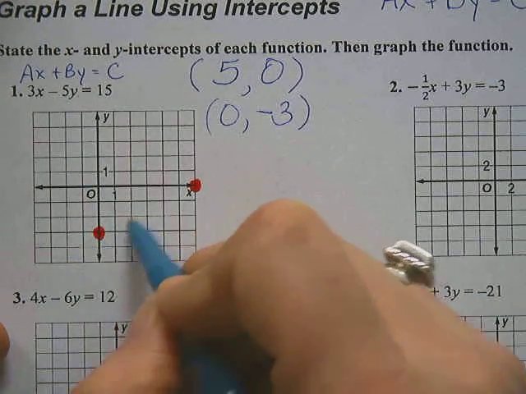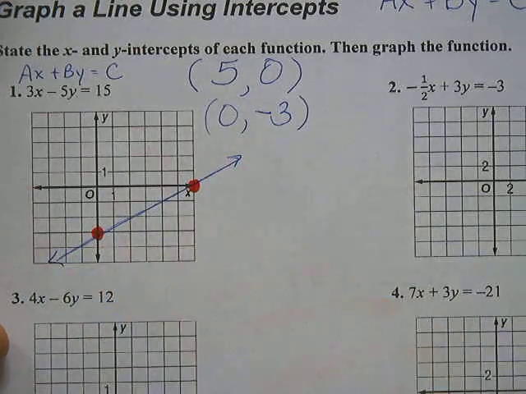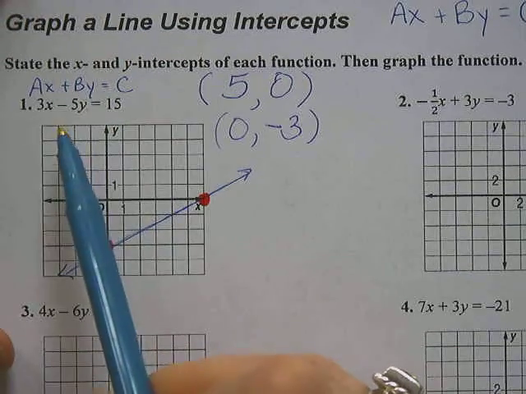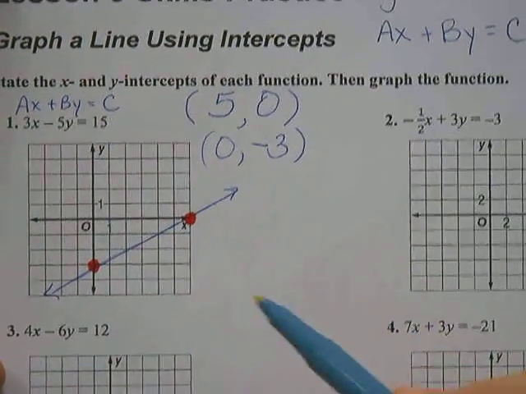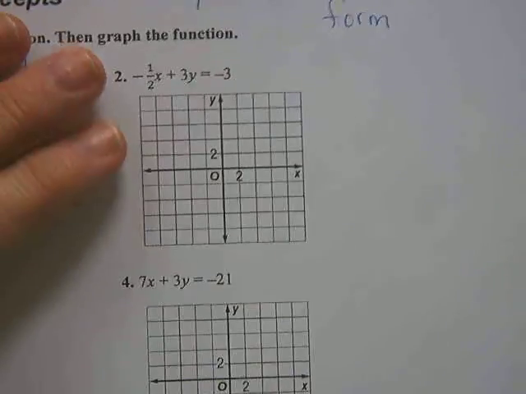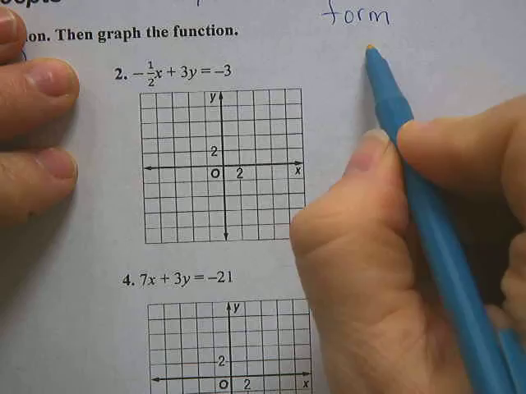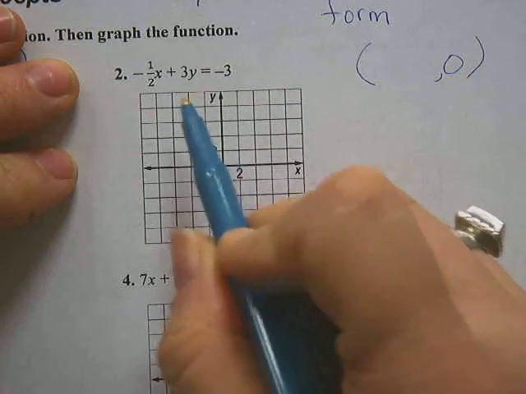So we put a dot at (0, -3), and we just graphed our intercepts. We've got 2 points on our line, so that's enough information to graph our line. And we were able to successfully graph the line without solving for y and doing the slope-intercept. We got the same result.